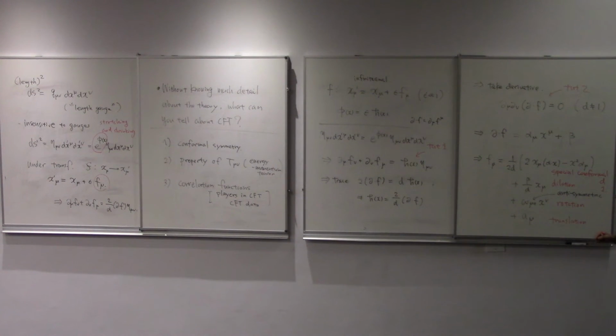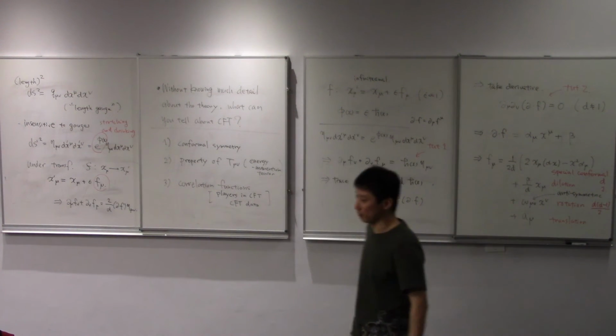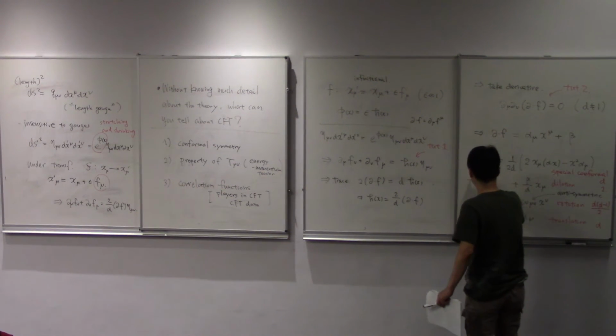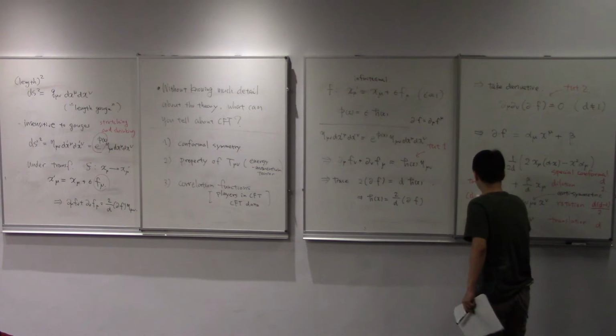And rotation, since it's a D by D anti-symmetric matrix, has D times D minus 1 over 2. And the translation is apparently D. And so the total number is D plus 1, I think D plus 2.